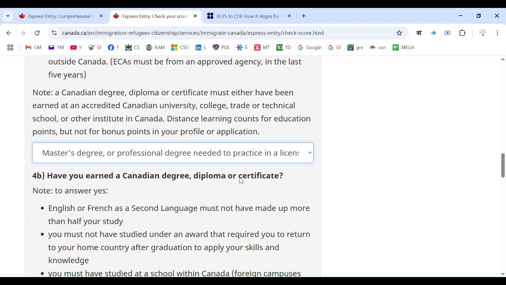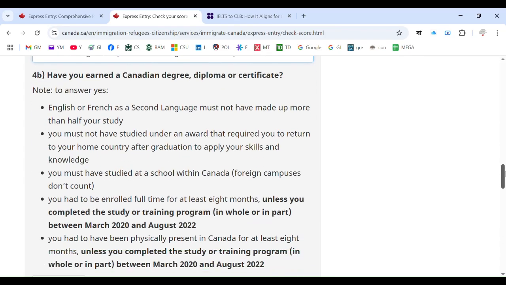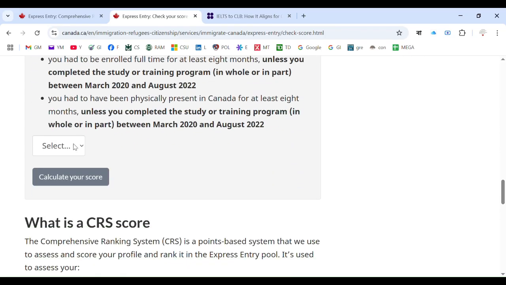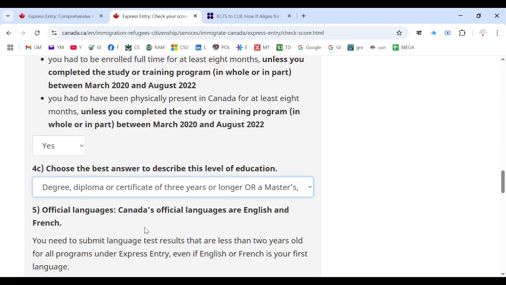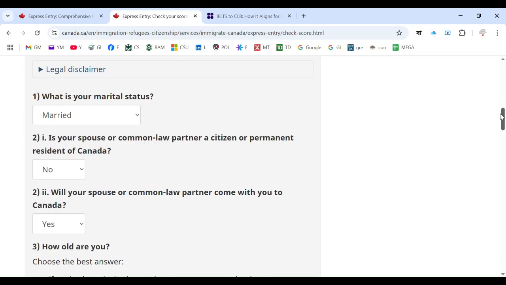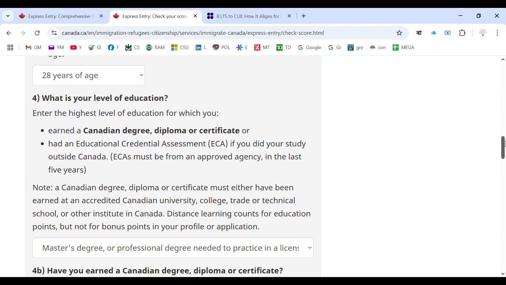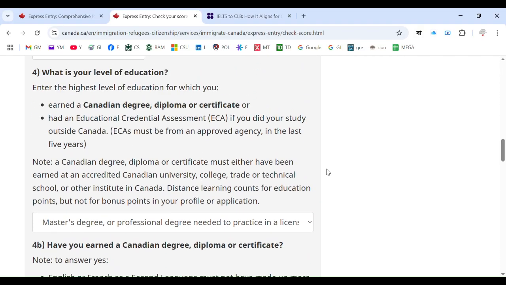Have you earned a Canadian degree? If the answer is yes, then go with yes. If it is a Canadian master's, go with master's. You don't keep it blank here, because for a Canadian degree you will earn extra points.